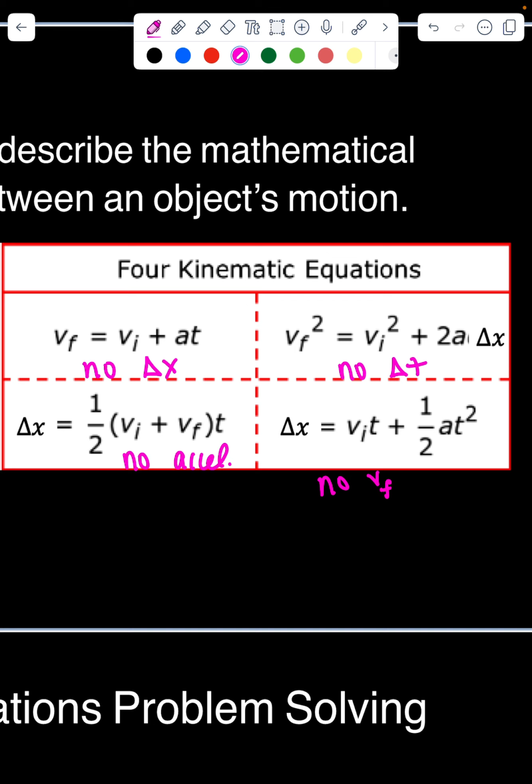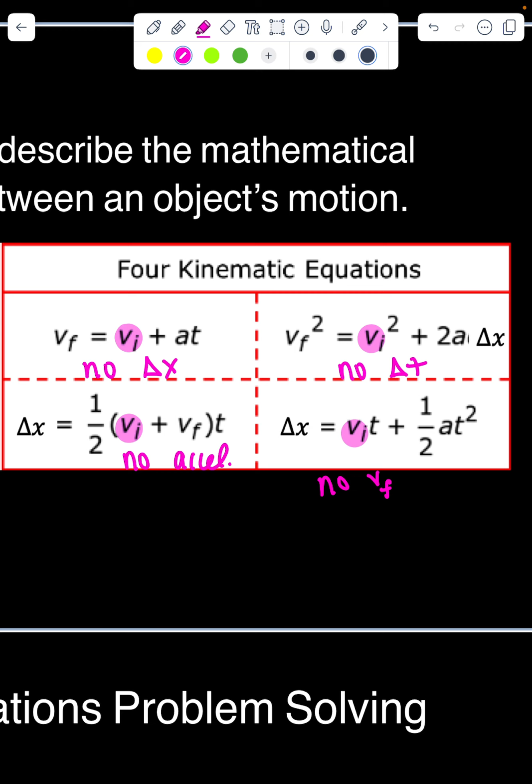Each of these is missing one of the variables, but one of the 5 variables is in every single one of them, and that is V initial. So V initial is in every one of these equations, and with the exception of initial velocity, there's one variable missing in each of these.